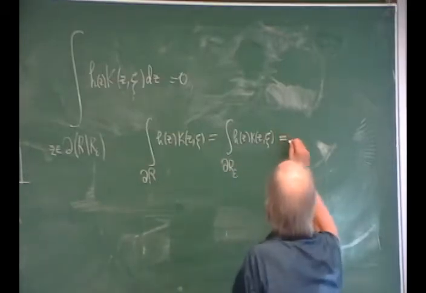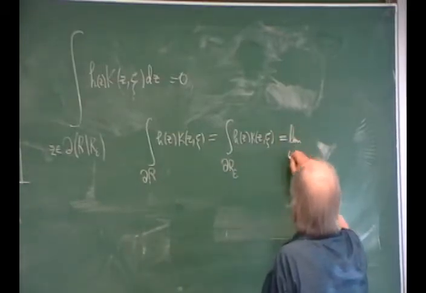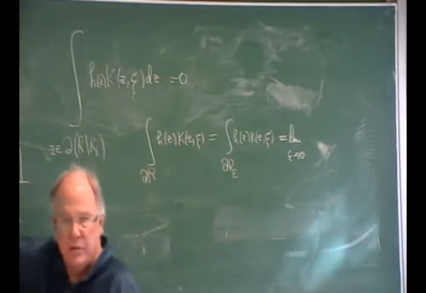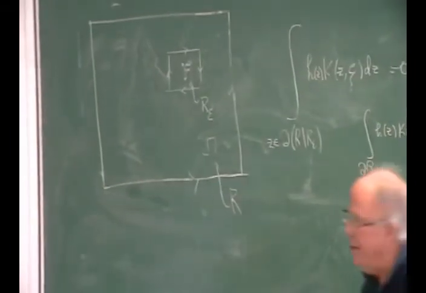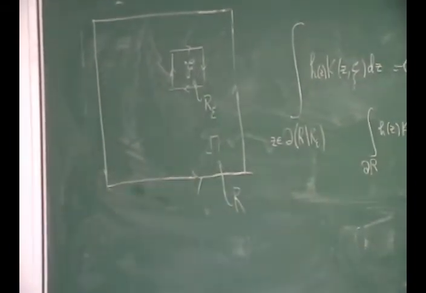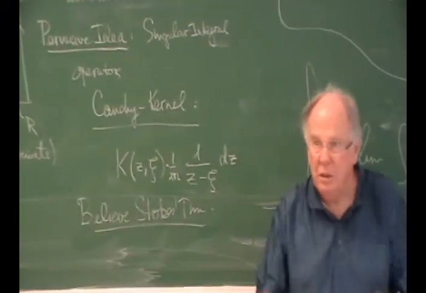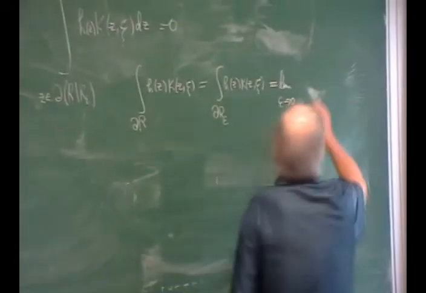So this equals the limit as epsilon goes to 0. Epsilon is, as far as I'm concerned, the radius here, or something like this. It doesn't matter. You do the calculation of that. And this is exactly the point with the Cauchy kernel. You do the computation, what this is around that small square, take the limit. It's a trivial fact. This limit, let me just write it down.